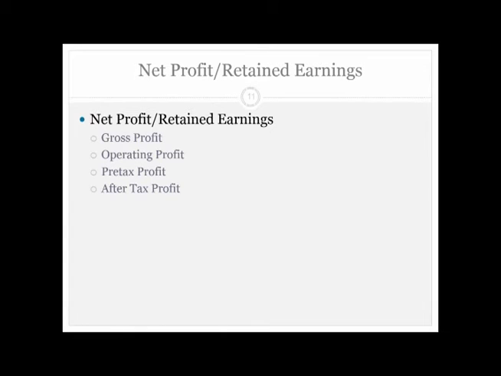Gross profit, it's worth mentioning, is your gross revenues or income less the cost of sales that I discussed earlier. So gross revenues less what it costs to directly produce and sell your item leaves you with the gross profit.